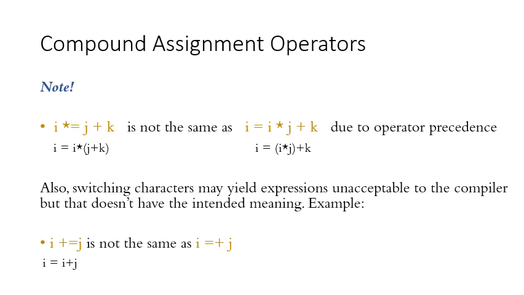Your I plus equals j, the one that uses the compound assignment operator, is interpreted as I equals I plus j. Meanwhile, your I equals plus j is I equals parenthesis plus j. Okay, so we are grouping plus j here.